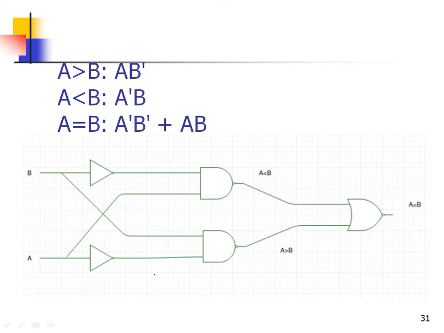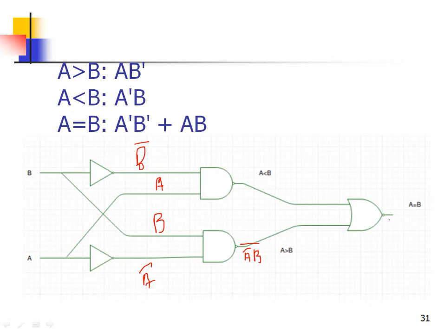If you see here A and B, here it is A bar, and here it is B bar. Okay, this is A actually, and this is B. For A greater than B, it is AB bar, and here there is an inversion, hence it is A bar B to the whole bar, both are the same.